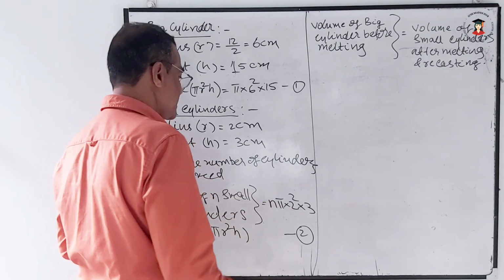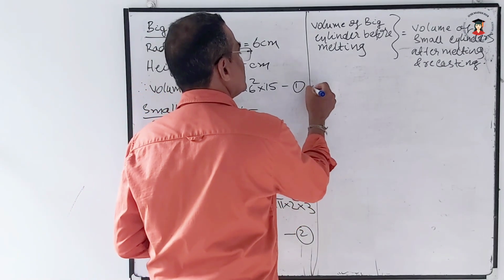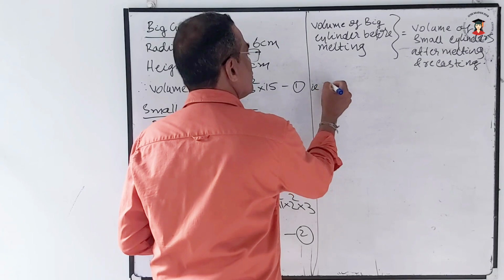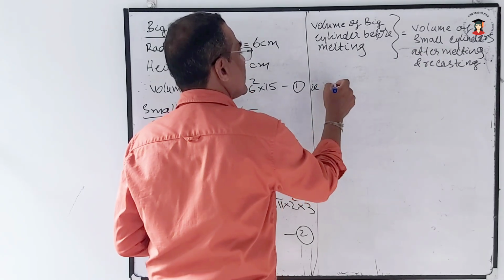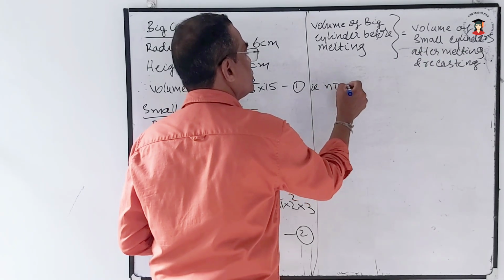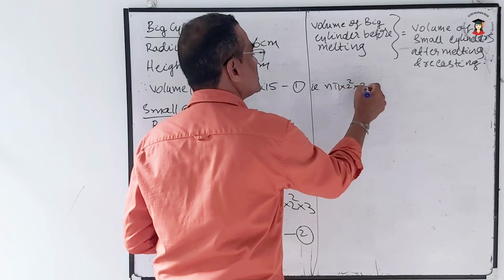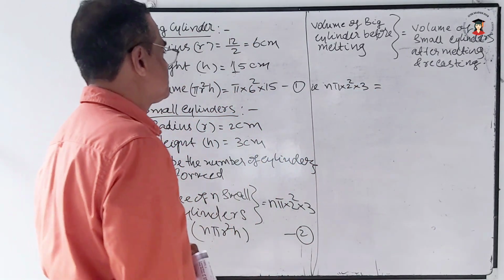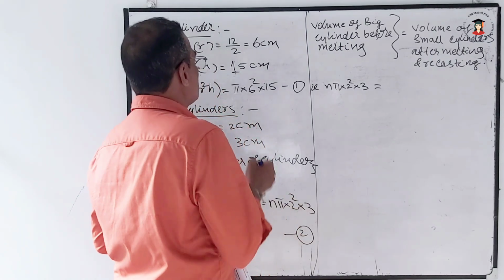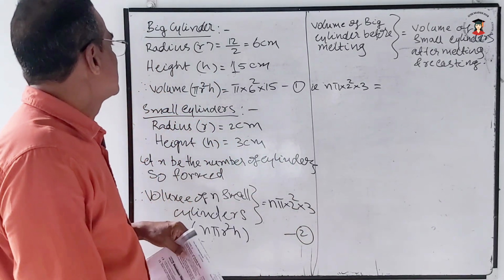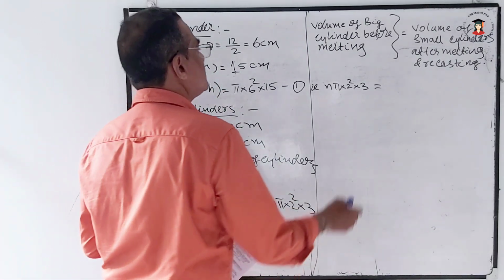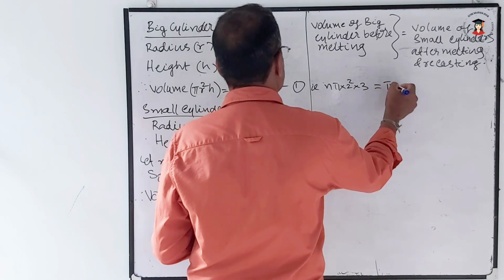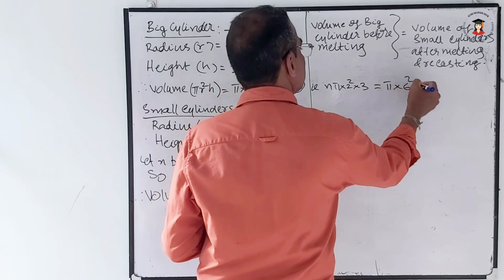Volume of small cylinders is n pi into 2 square into 3. This is equal to volume of the original cylinder, that is pi into 6 square into 15.